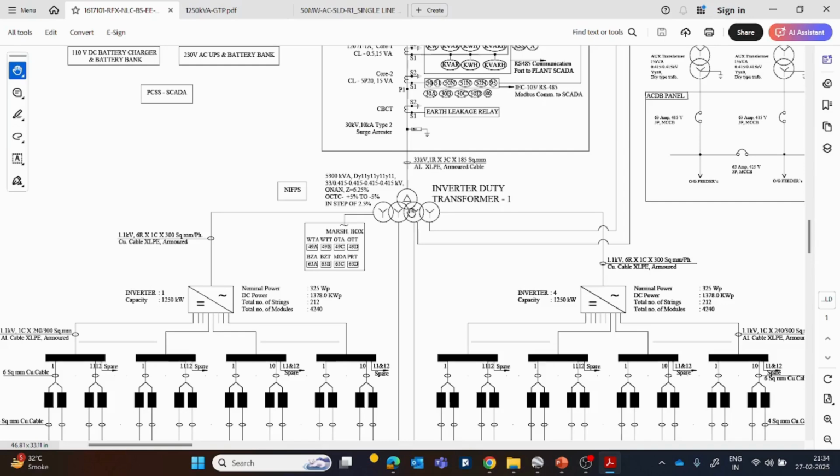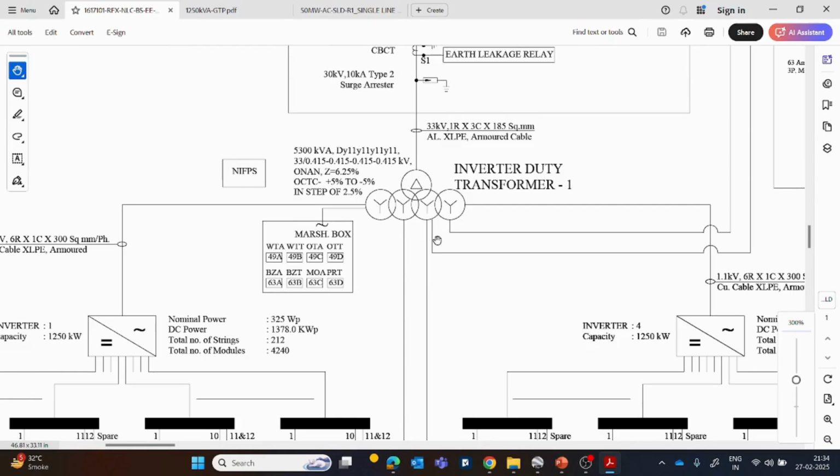The simple logic is that when I am designing the transformer for a plant, we still consider design margin and future addition. But there is no future addition here. In a plant, there could be addition of loads or expansion.